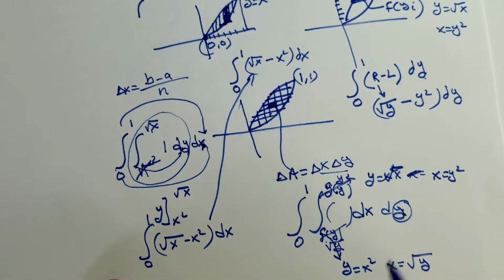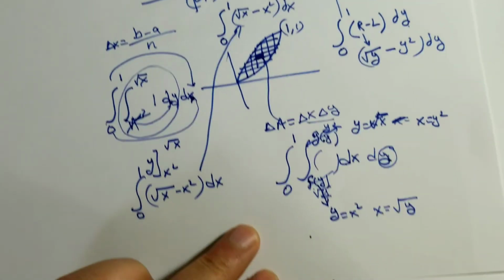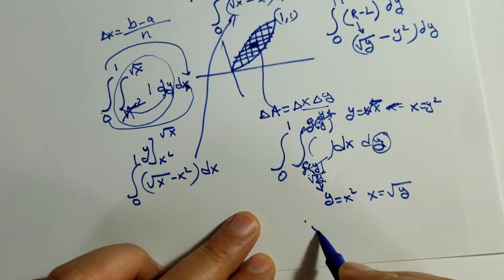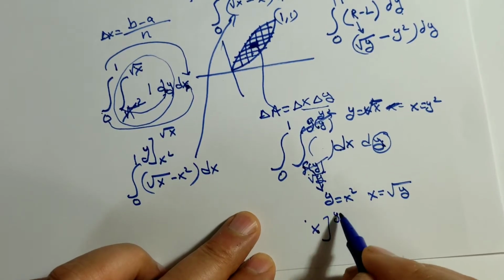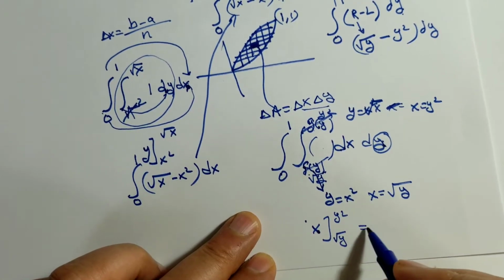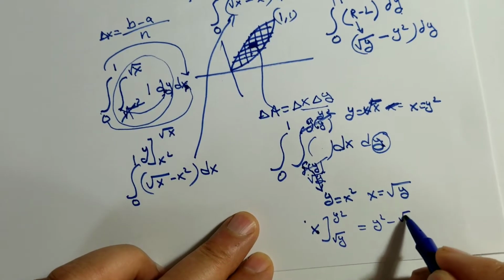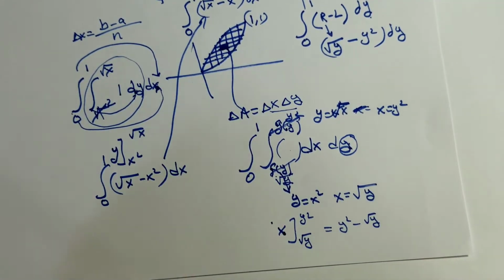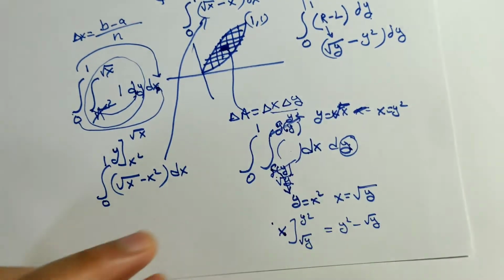And when you integrate with respect to x, you're going to have x, and your x is from y squared, lower limit, to square root of y, and you have square root of y minus y squared, and this is nothing except your right minus a left.